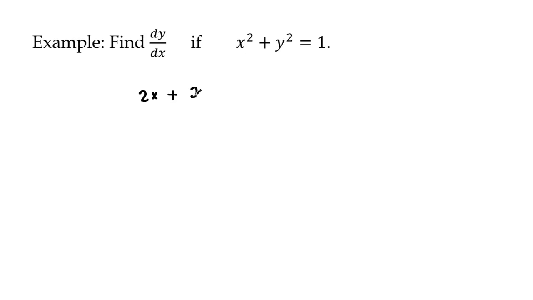So this will be 2y times the derivative of the stuff inside the power of 2 here, so that would be the derivative of y. And the derivative of 1 is 0.